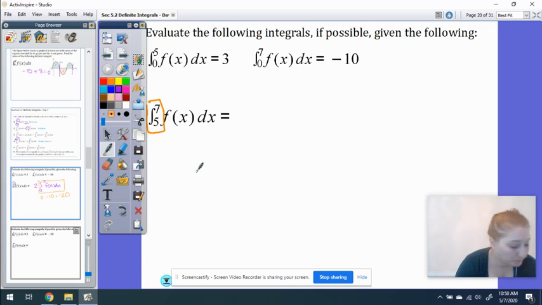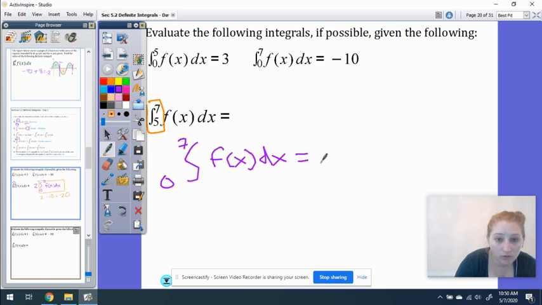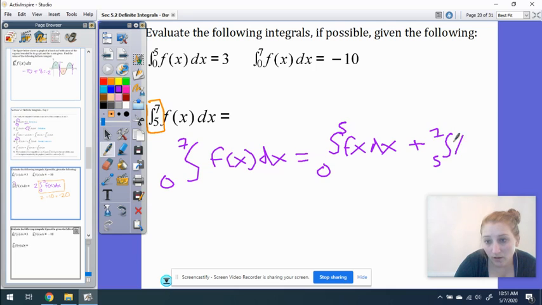I'm going to rewrite 0 and 7 f of x dx is equivalent to 0 to 5 f of x dx and 5 to 7 f of x dx. Okay, so I can solve this first and then plug in, or I could plug in and then solve. So I'm going to plug in and then solve just because that's what I want to do.